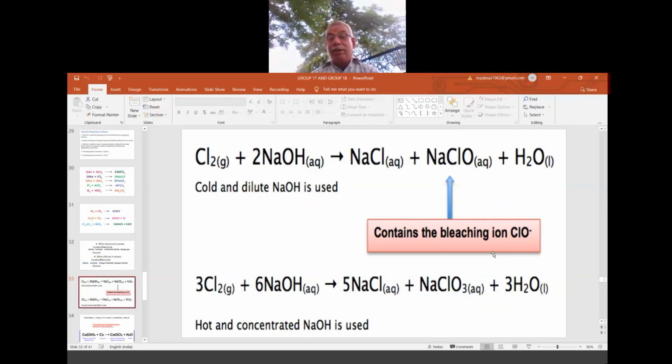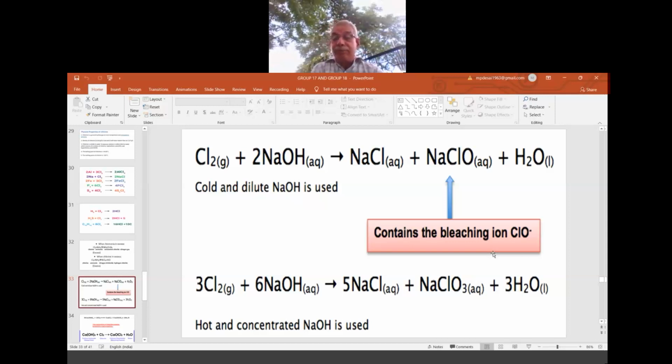This is again one more most likely question, or most likely reaction, for knowledge as well as examination. This is regarding bleaching powder. Okay. So how is bleaching powder prepared? Bleach means to remove color. So chlorine reacts with sodium hydroxide to give NaCl, NaClO, and H2O. So this combination is called what? Bleaching action.